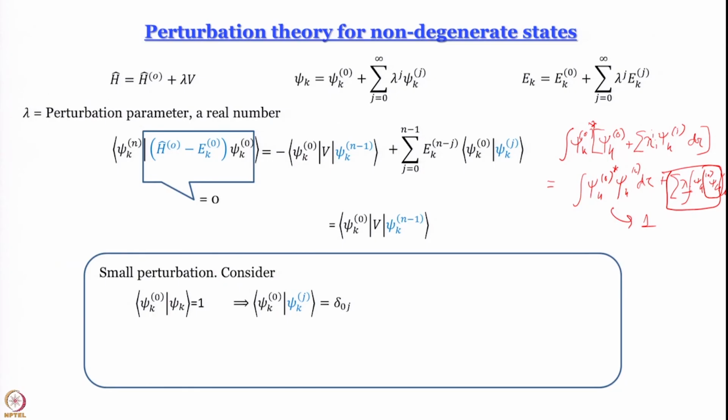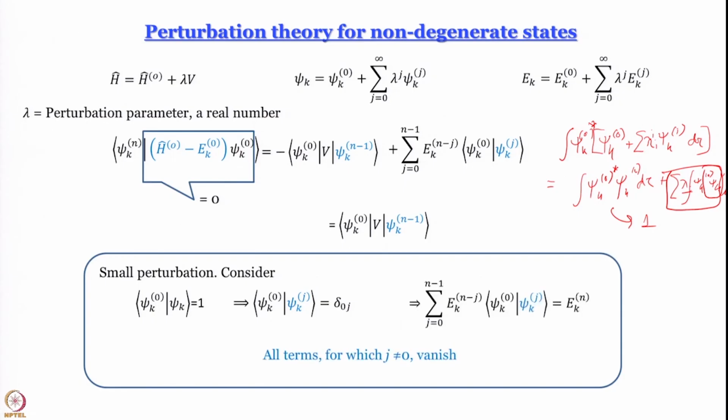Okay. So, how does that help our cause? What are we trying to find out? We are trying to evaluate this summation. In this summation we have integral psi k 0th psi k jth. We are saying here that that integral turns out to be Kronecker delta 0 j.